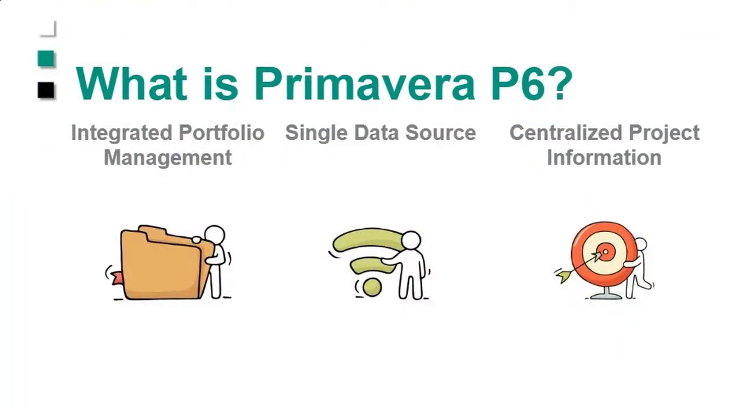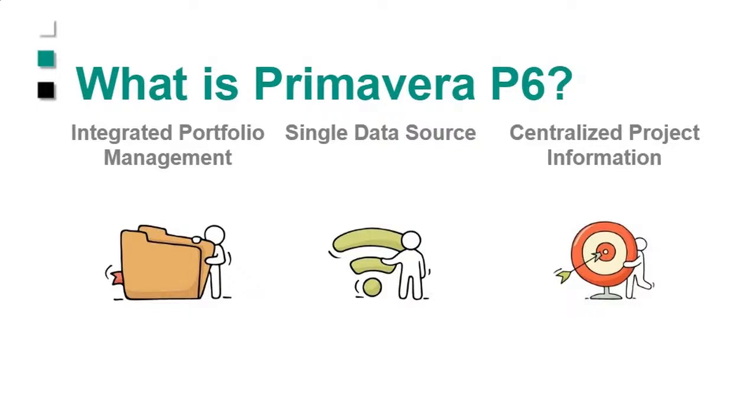Let me give you a bit of an overview of P6, how it works, and then I'll start jumping into the software and show you some ideas live in the tool. So P6 is really integrated portfolio management. It lets you, as I mentioned, have multiple users and multiple projects.